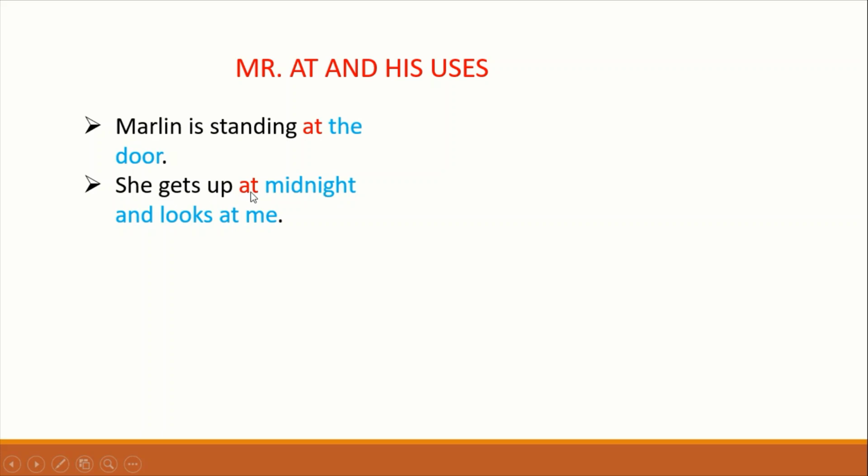The word at is used to show the relationship between she and midnight. She is a pronoun. Midnight is a noun. The word at is used to show the relation between pronoun and noun. Therefore, the word at is called a preposition.